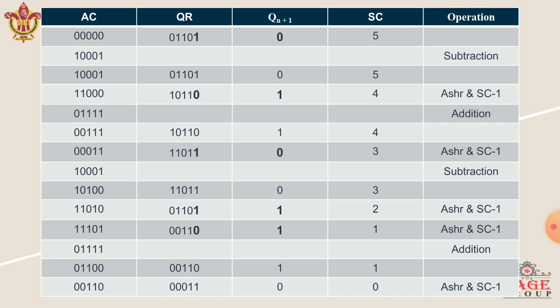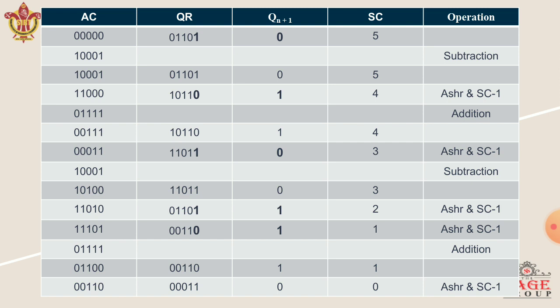After adding this value, we got 01100 in AC, and here we also got one extra bit, but the extra bit, or overflow bit, is discarded. This is the key point number 4. After that the values of QR and Qn plus 1 remain unchanged.